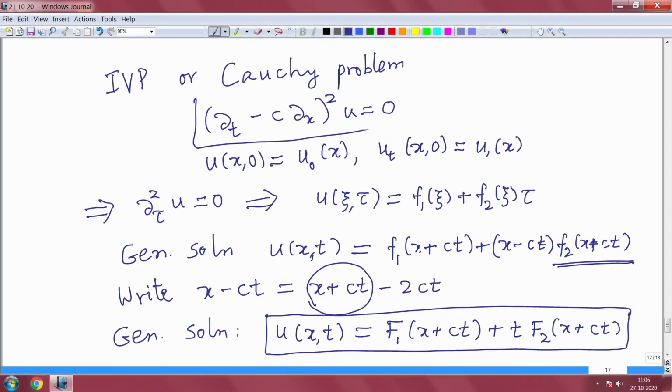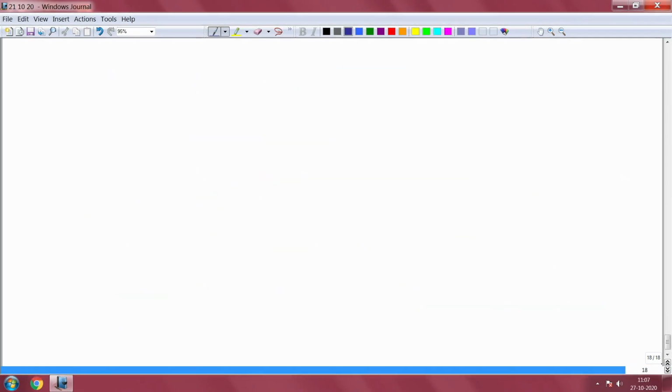Now, in order to determine f1 and f2, just recall what we did in the case of the wave equation to arrive at D'Alembert's formula. I leave it as an easy exercise. You plug in the initial conditions in this general form, and finally you obtain the solution.